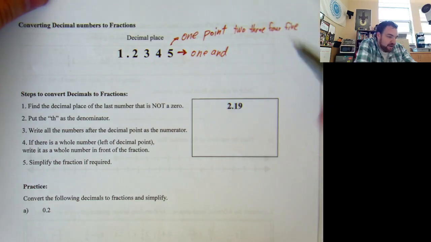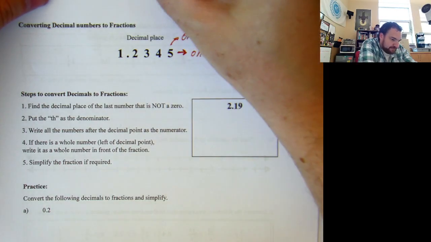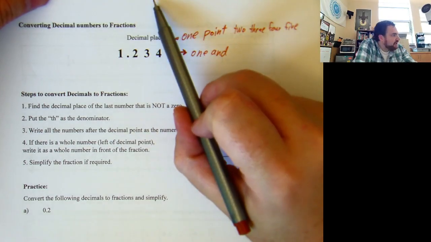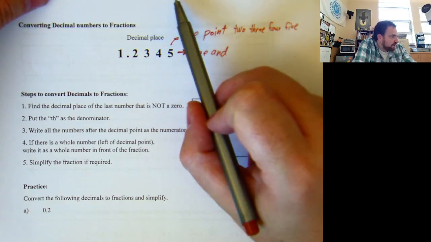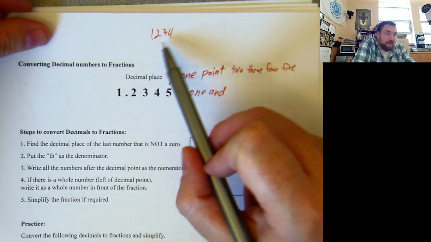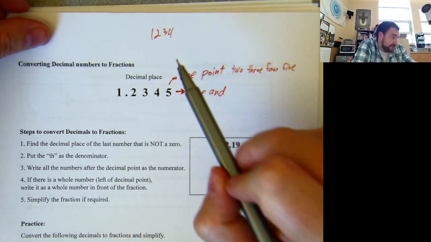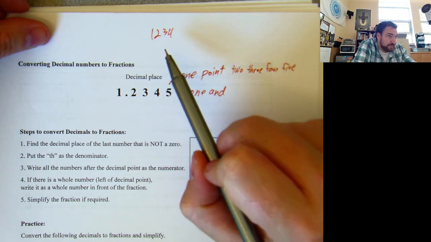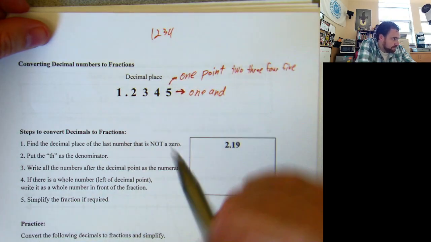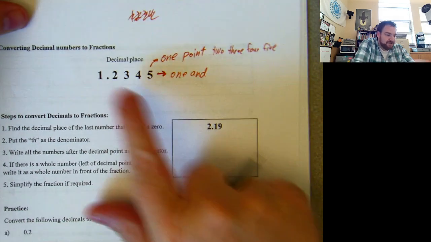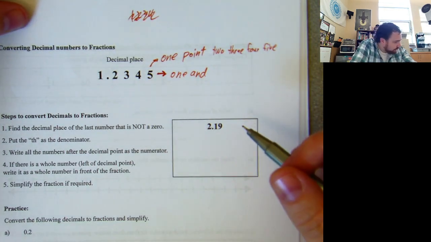So if you had a number like this, lots of people say 1,234. But and means decimal, so that wouldn't be 1,234. That would be 1,234, nothing in between. Okay? So let's forget about that for a second. The and implies the decimal. 1 and, continue.